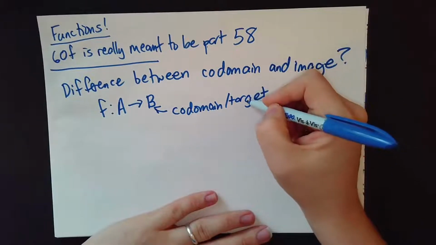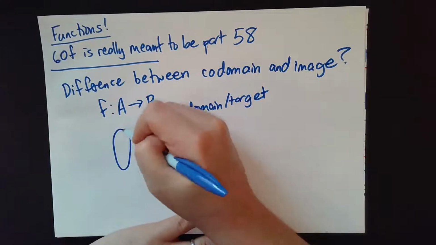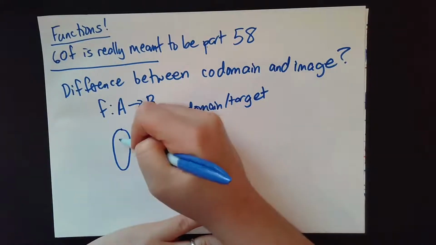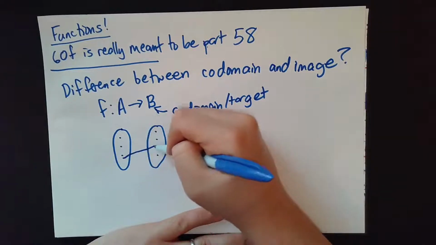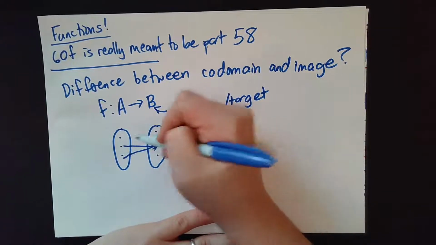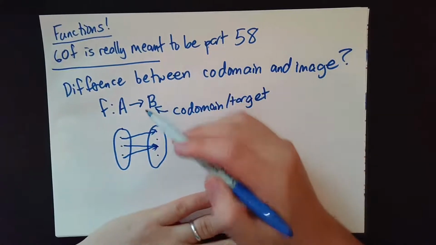However, remember when we write down functions, as per our pictures, it is not obligated that we use all the elements of B. The elements of B are just there as options, things that could be used as outputs. And so the image is the things that are actually used.